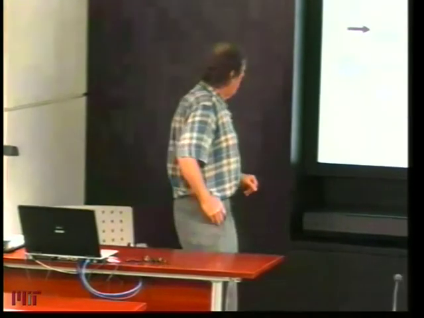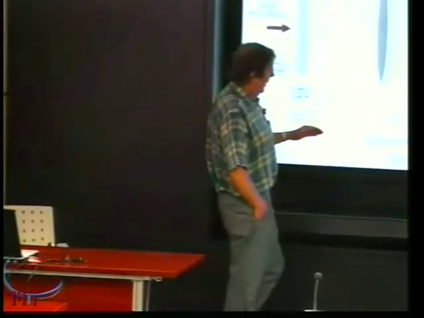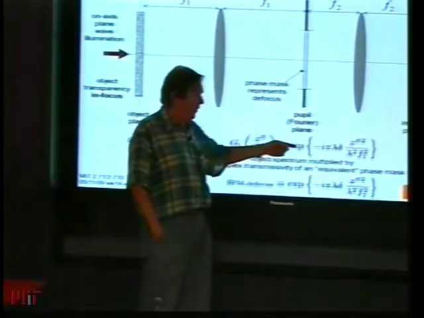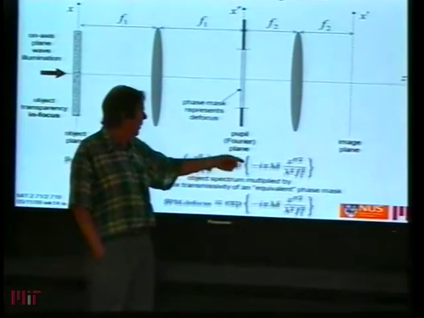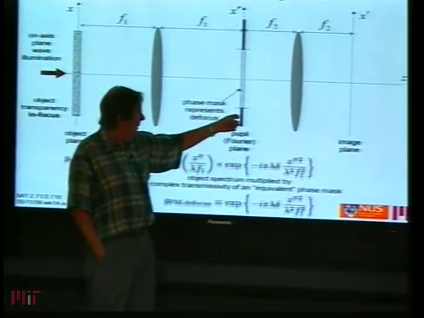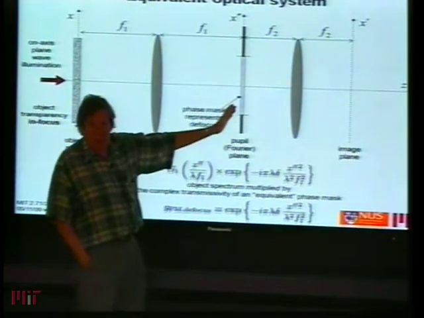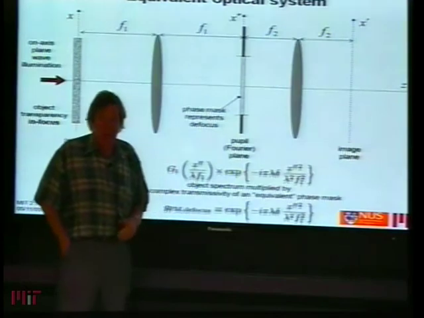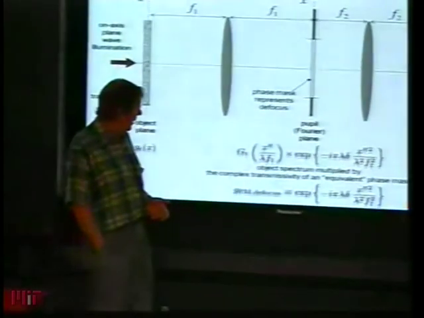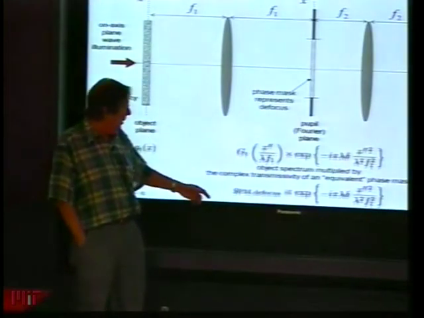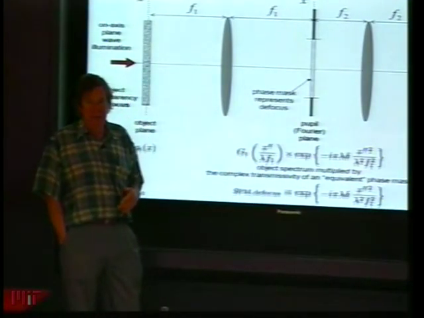Okay, so what he's then saying is that you can think of this as the spectrum for our defocused object, which is multiplied by the pupil function of the system. But that is exactly equivalent to thinking of it as the ordinary object spectrum multiplied by a modified pupil function.